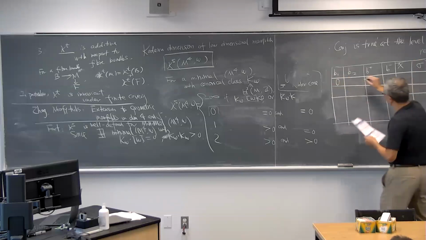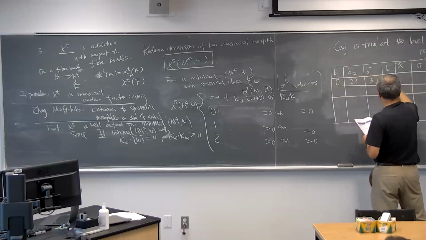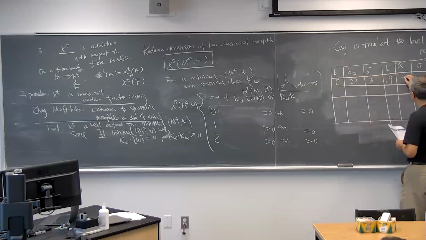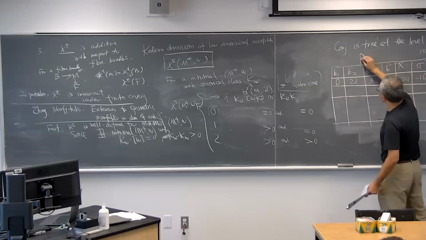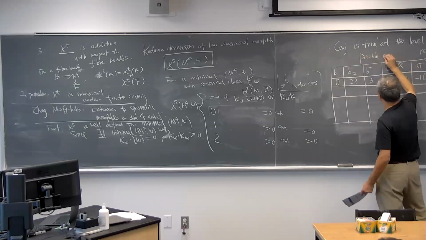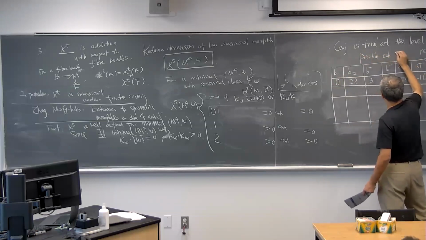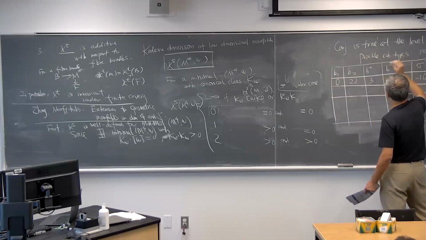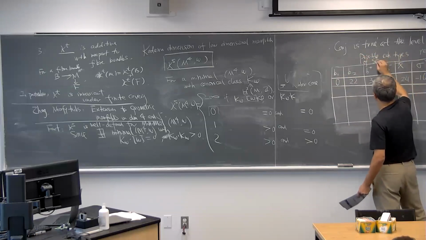In this case, B2 could be 22, 3, 19, 24, minus 16. And here, this is in the list. So this is a possible cohomology type or homology type of symplectic Calabi-Yau.